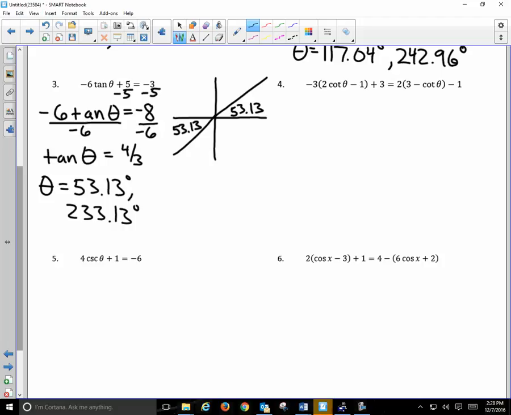Does number 4 look tricky? It's really not bad at all. What do you think we do first? Let's distribute. Negative 3 times 2.